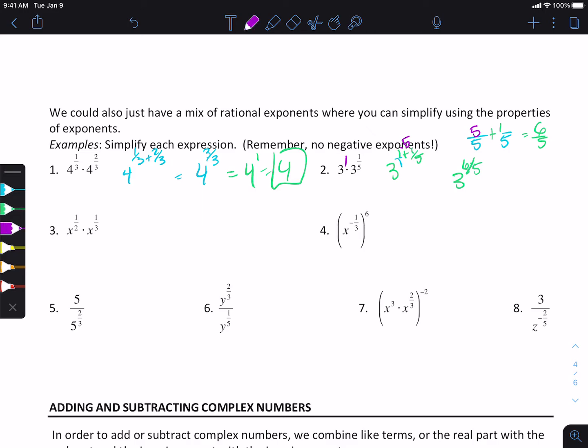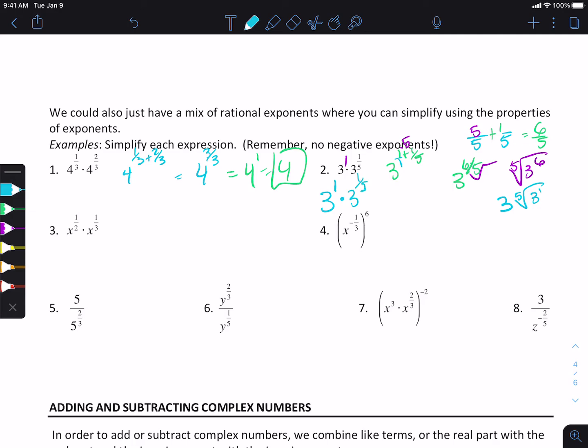If we switch this to a root, this will be the 5th root of 3 to the 6th, which notice I have a group of 5 of these because I have 6 of them, right? So 5 of them can be taken out as 1. So one of the 3's comes out, and then we have a 3 left over. Or the other way that you could think of it is that this is 3 to the 6/5, which is really 1 and 1/5.